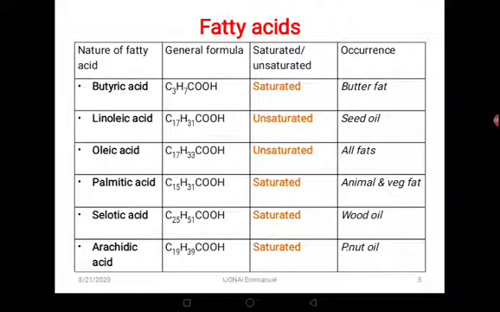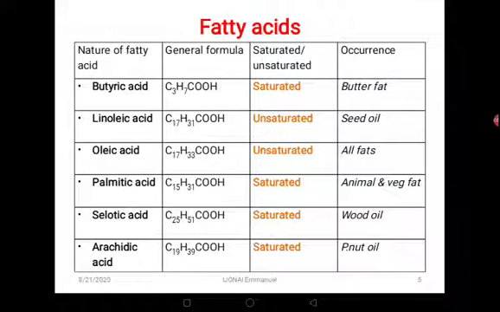It is found in butter fat usually. Then we have linolenic acid, which has 18 carbon atoms, or we can say 17 carbon atoms, 31 hydrogen atoms, and then the COOH, which is the functional group. That one has double bonds, and it is found in seed oil and is unsaturated.